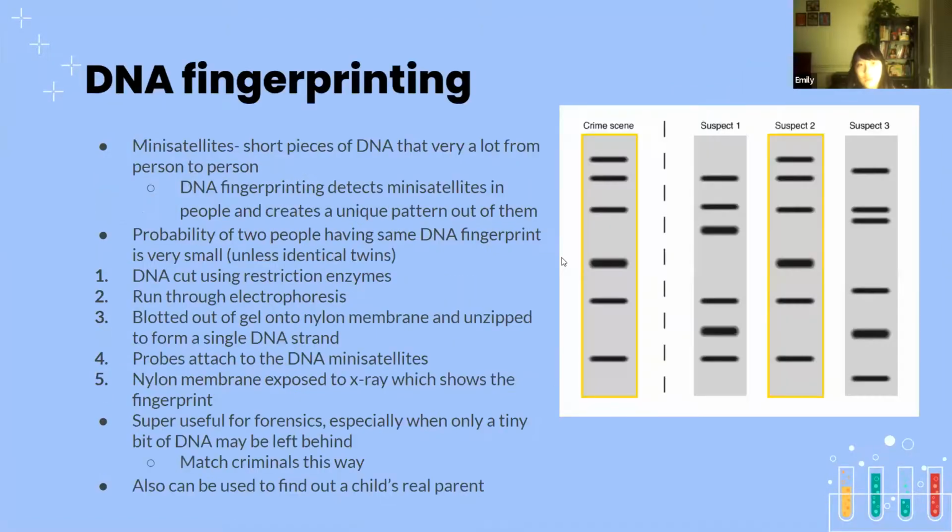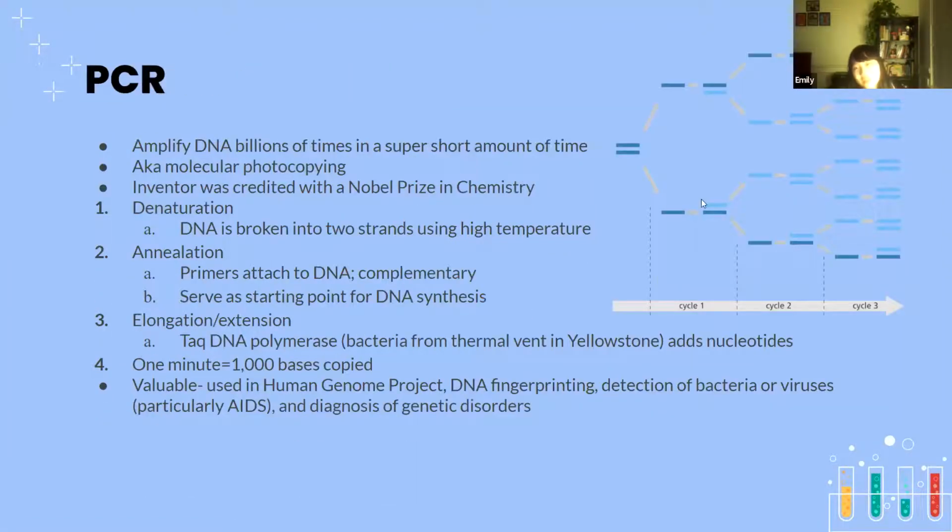The inventor was credited with a Nobel Prize in chemistry. There are 3 steps: denaturation, where DNA is broken down; annealing, where primers attach to DNA; and then you start to get DNA synthesis, elongation. You get different strands of DNA.